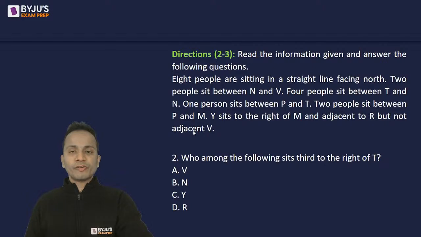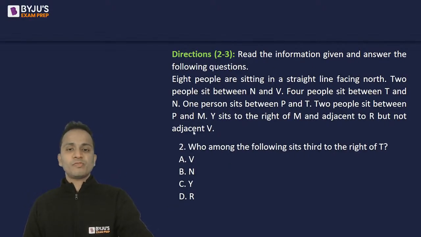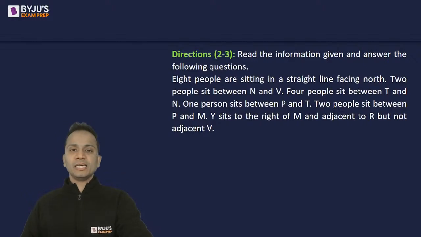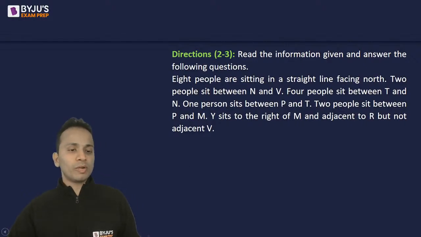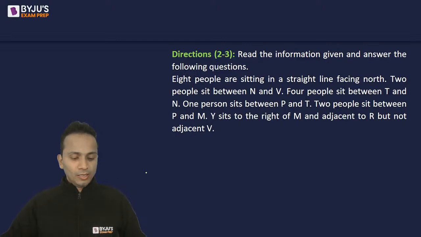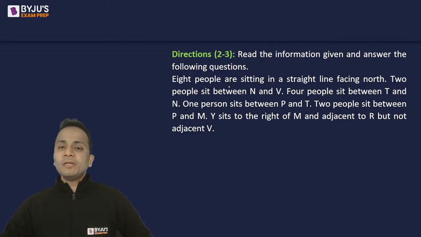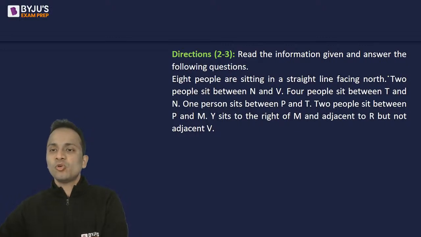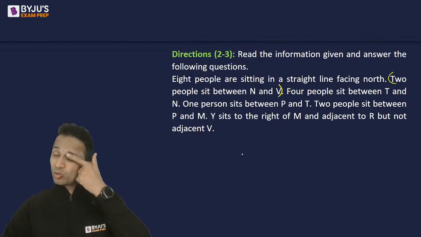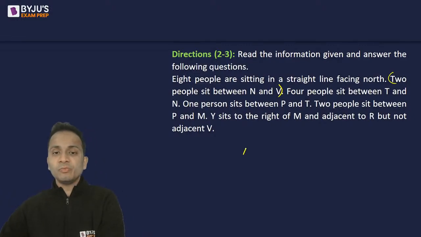All right, so friends, let's first of all make this arrangement, and then we'll look at both the questions one by one. Now 8 people are sitting in a straight line facing north. 2 people sit between N and V. 4 people sit between T and N. So I'll start from here. 2 people sit between N and V. So once again, I'll make 2 different arrangements.